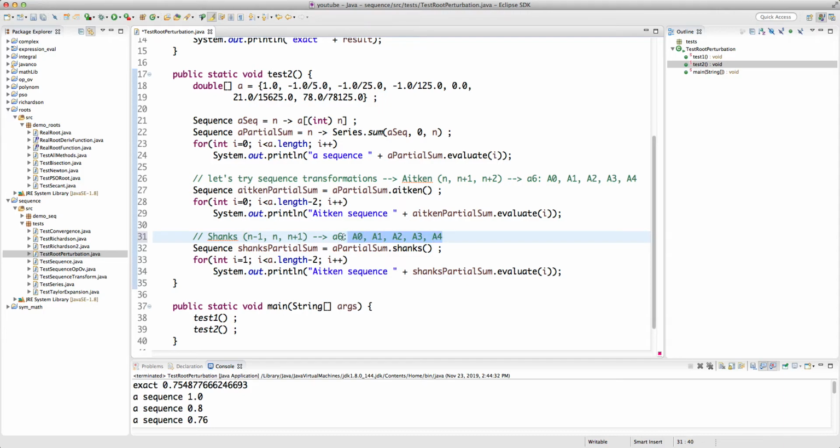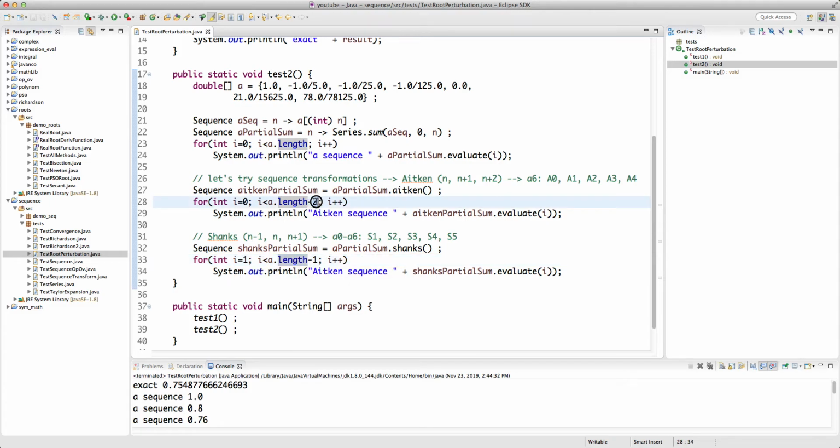So if I have A0 to A6, I can have S1, S2, S3, S4, and S5. Okay, so I can go from 1 to... so the length of A is 7.